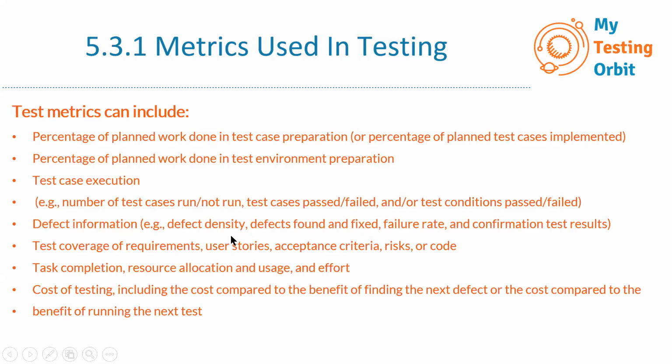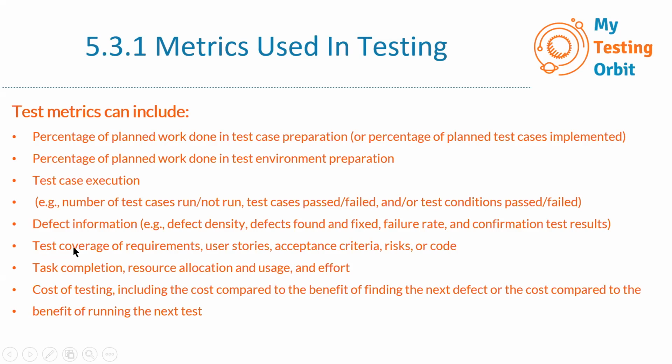In case you're not aware of what defect density is, it is quite an important metric gathered in terms of defects. It is basically the number of defects detected in a component or in a system during a defined period of time, and then we divide it by the size of that system or component, and then we get the defect density. So this is quite important as well, all the defect information.